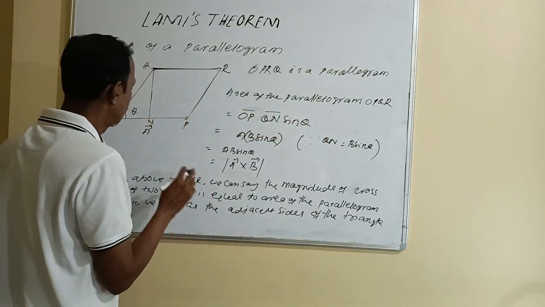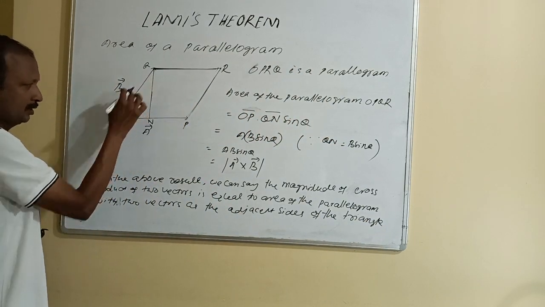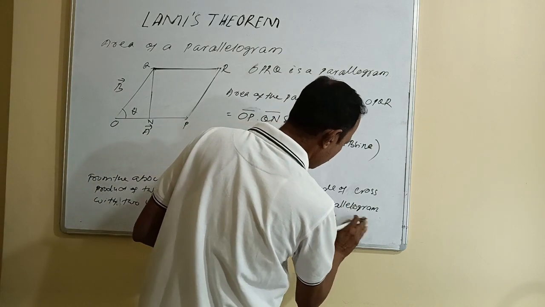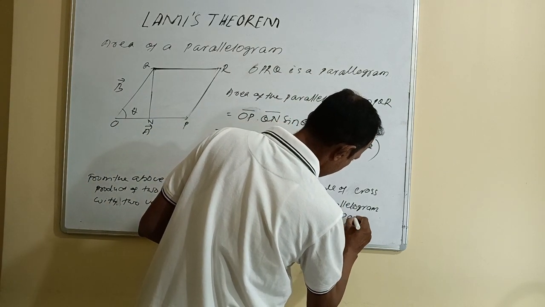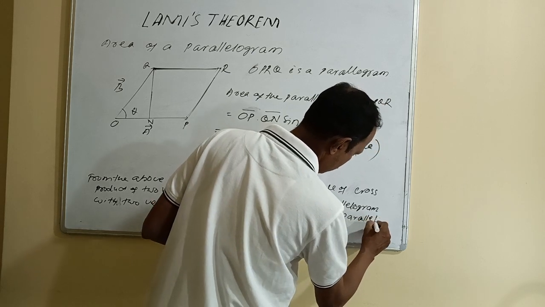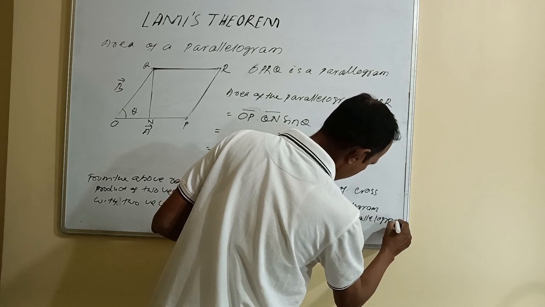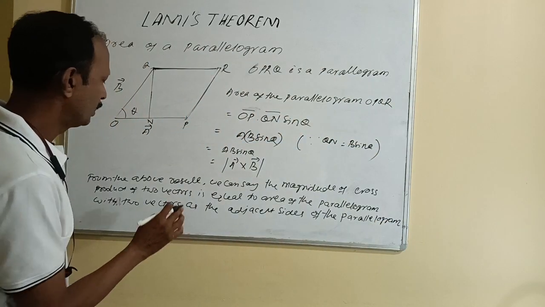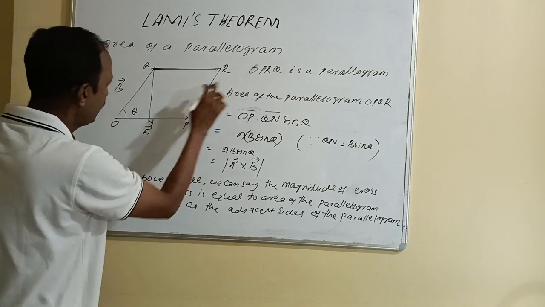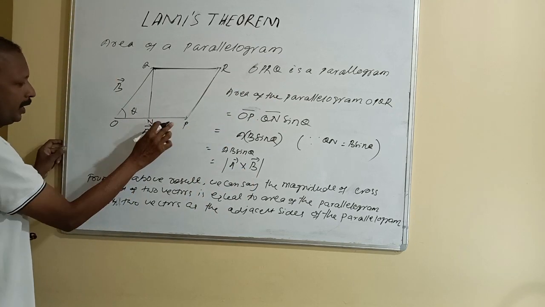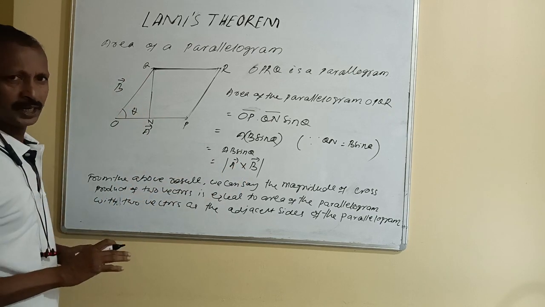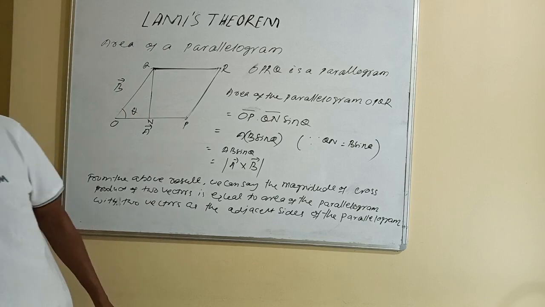See that A and B are the adjacent sides of the parallelogram. That means the magnitude of A cross B is equal to the area of the parallelogram where vector A and vector B are the two adjacent sides.